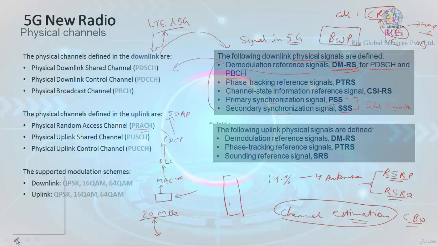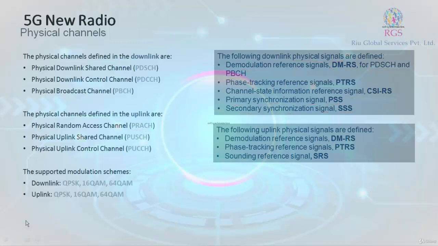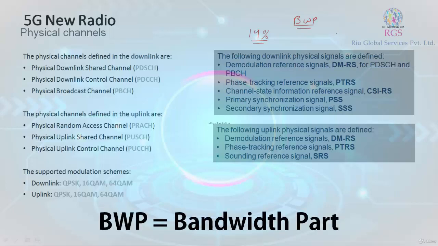So why would they need to measure the entire bandwidth? If they measure the entire bandwidth, there will be overall 14% wastage, which is a huge amount, and the UE battery will also be impacted. To overcome these issues, they have introduced the concept of bandwidth part: initial bandwidth part, common bandwidth part, etc., and a dedicated bandwidth part.